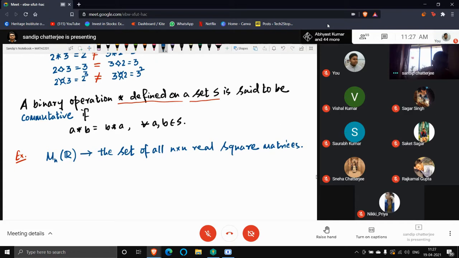Now, as operations I am considering the addition of two matrices and multiplication of two matrices. First of all, will addition of two matrices be a binary operation here? Yes, sir. Okay. Will multiplication of two matrices be a binary operation here? Yes, sir. Okay.